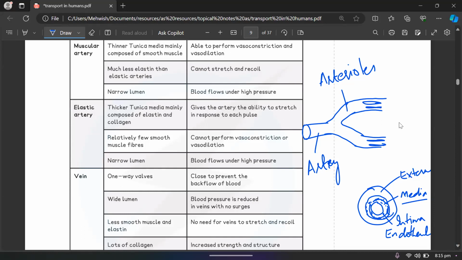Collagen is a protein that provides more strength and support to the blood vessel, and the collagen and other muscles, like smooth muscles, help in contraction and relaxation, and they also help the artery maintain its shape.